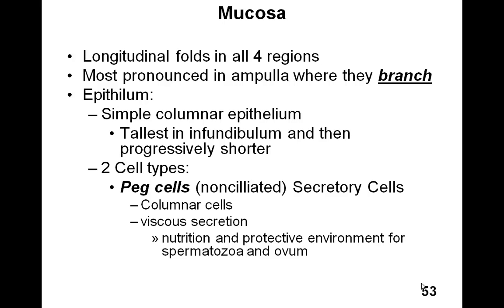Again, keeping in mind that the oviduct is moving the ovum in one direction and the sperm in the other direction. One is coming from the ovary, the other is passing through the vagina, up and through the uterus, and then finally making its way into the oviduct.